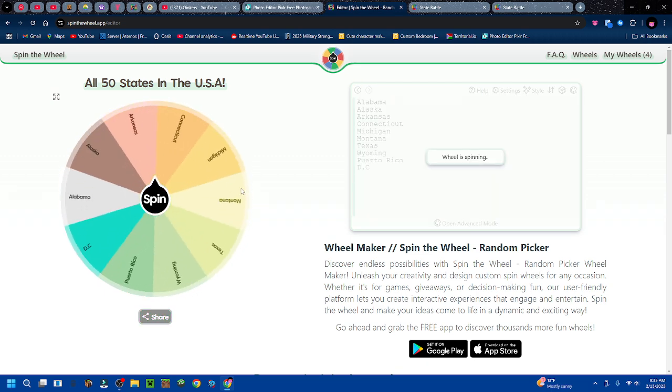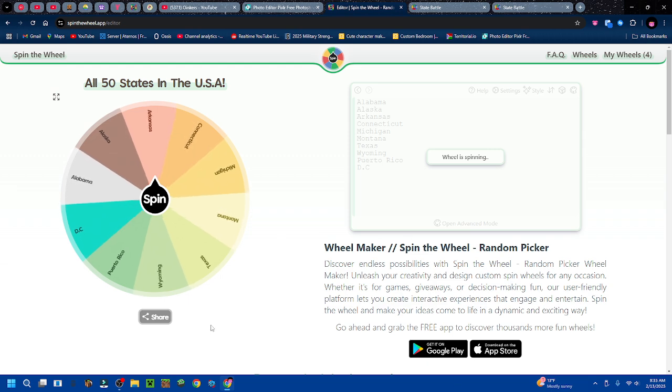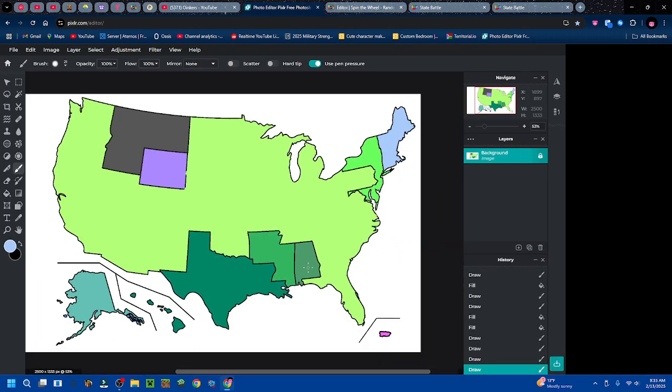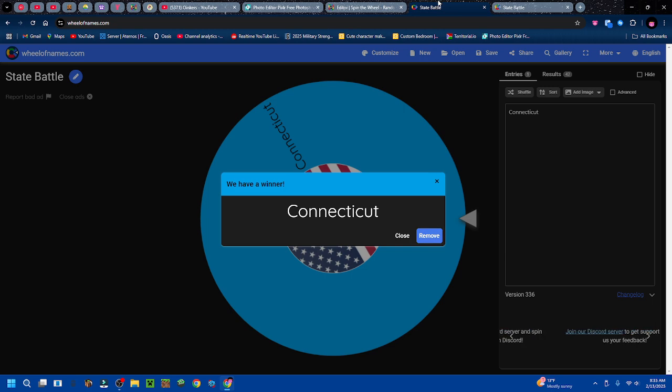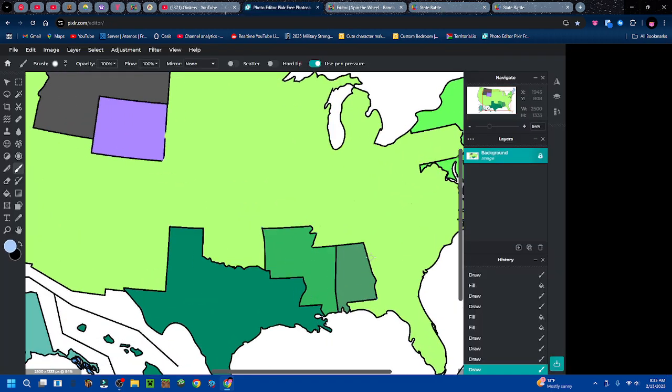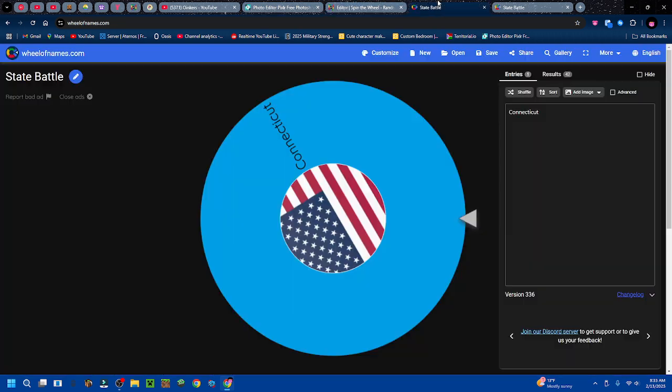And it looks like Arkansas is going to be doing something. The only states that haven't been doing anything so far are Wyoming, Alabama, Alaska, and Puerto Rico. Like half of them haven't done anything yet. Arkansas only borders Alabama, Texas, and Michigan.